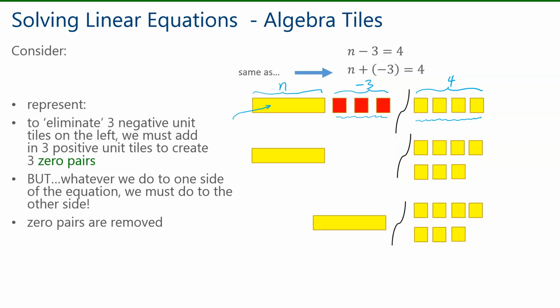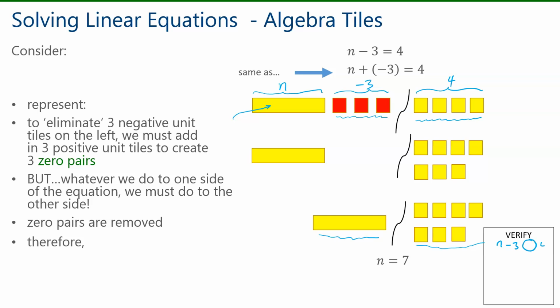What are we left with? We have isolated our variable tile, which is exactly what we wanted. And on the right-hand side, we now have 7 unit tiles left. Therefore, n equals 7. We have solved the equation. Let's verify. n subtract 3, circle 4.